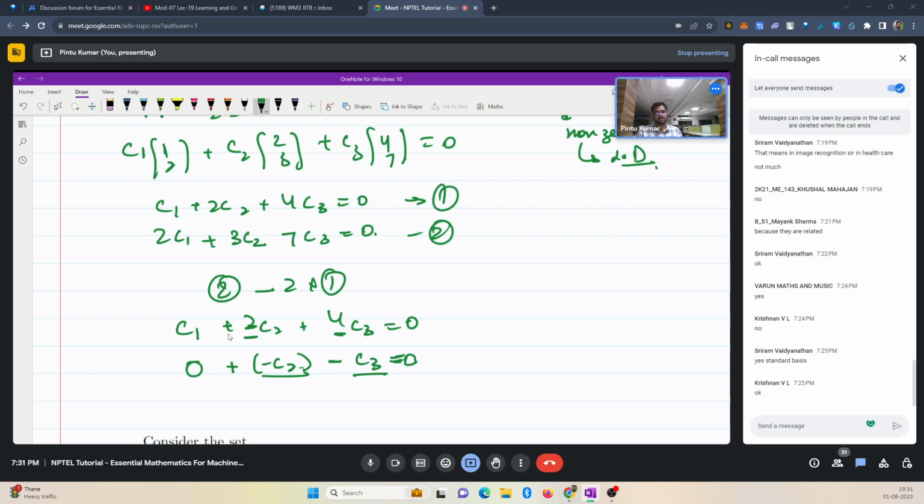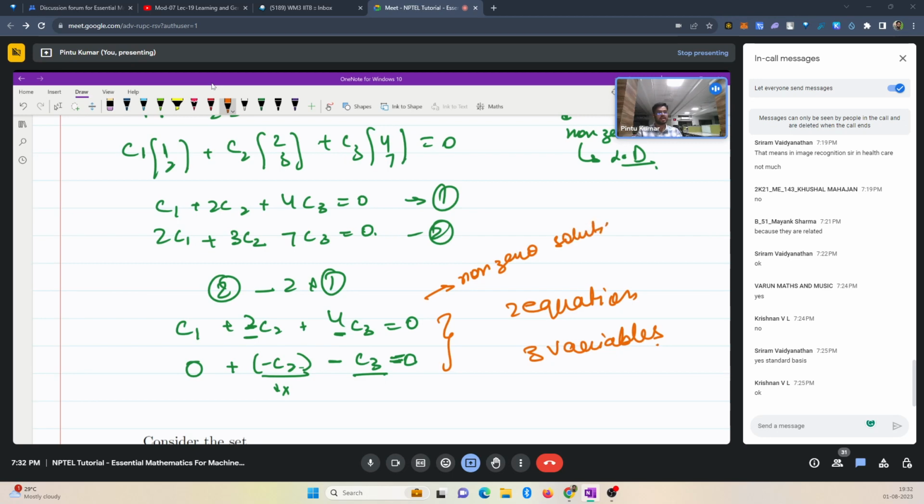If we subtract half times this, we can make one of them 0, but not the other. So we have 2 equations and 3 unknowns to solve. What this means is that we will have a non-zero solution, infinitely many solutions.